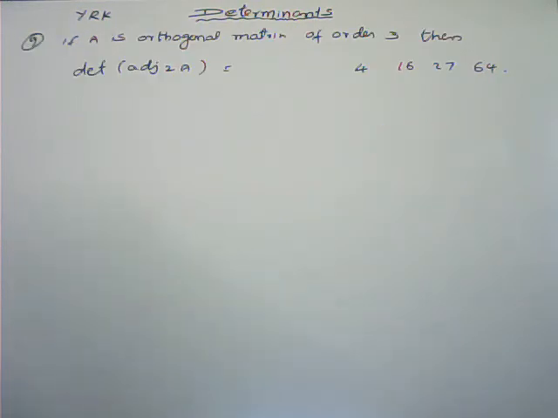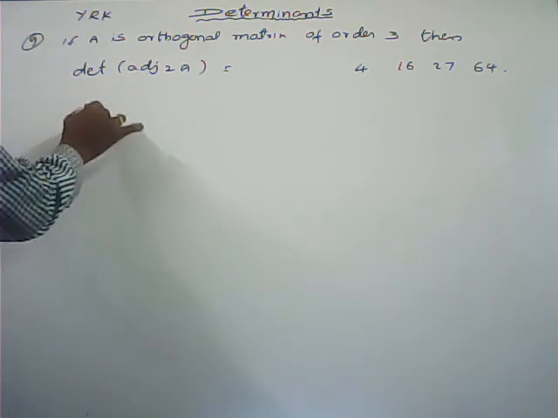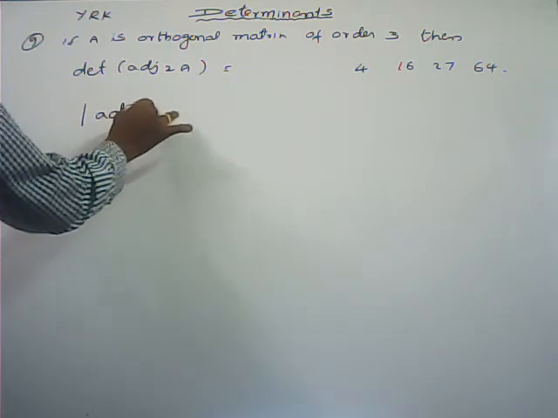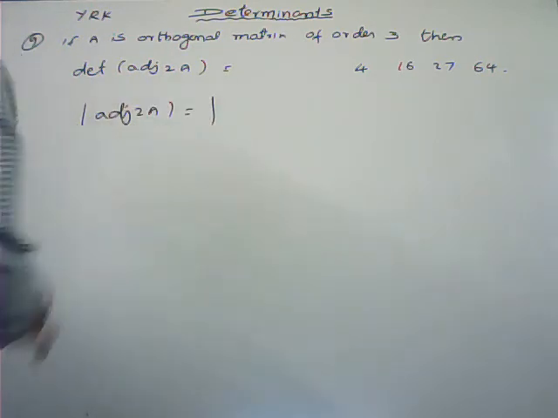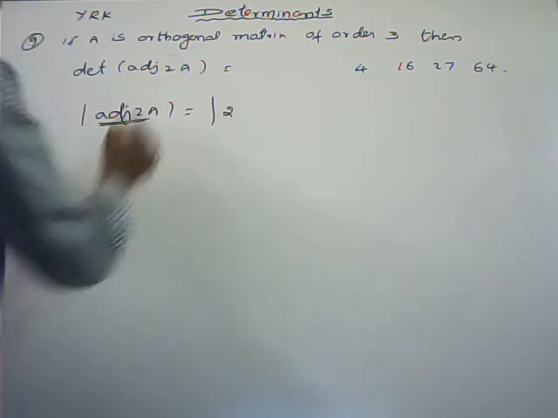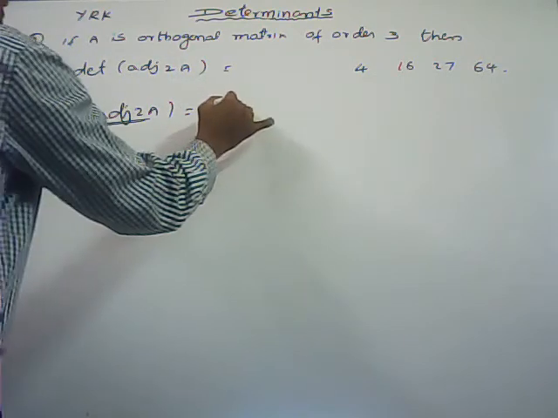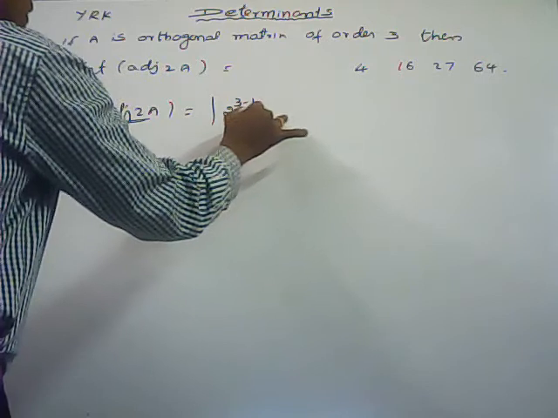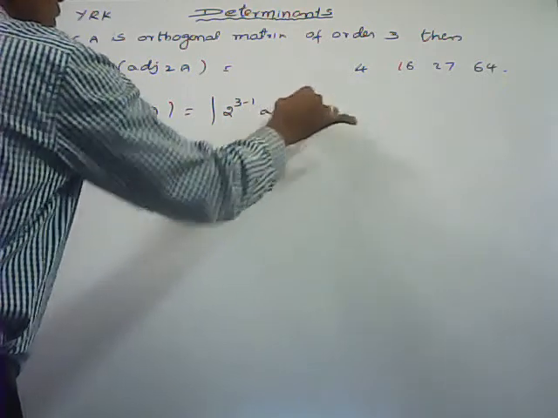Next one. If A is orthogonal matrix of order 3, then det of adjoint of 2A is equal to. Det of adjoint of 2A, that is equal to det of adjoint of K into A, K power 2, n minus 1, 3 minus 1, into adjoint of A. This is the property.